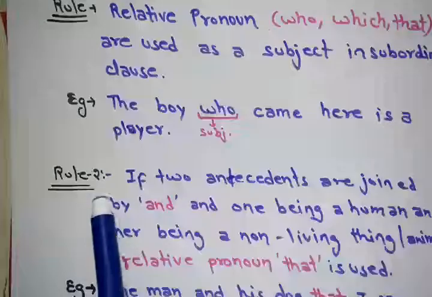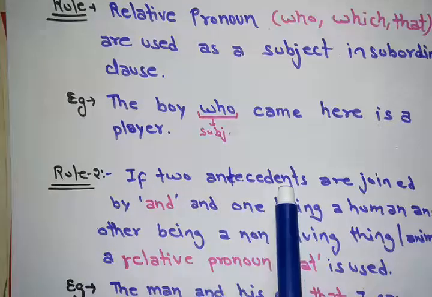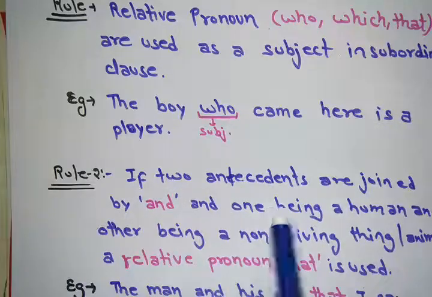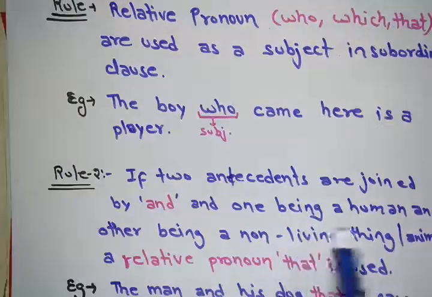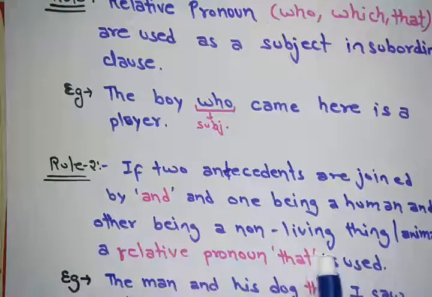The second rule is: if two antecedents are joined by and, and one is a human and the other is a non-living thing or animal, the relative pronoun that is used.